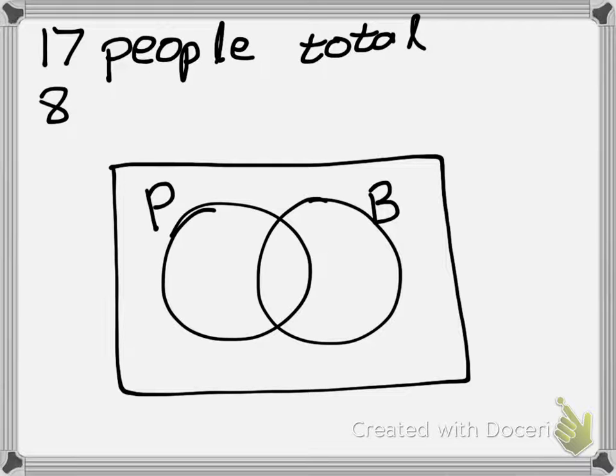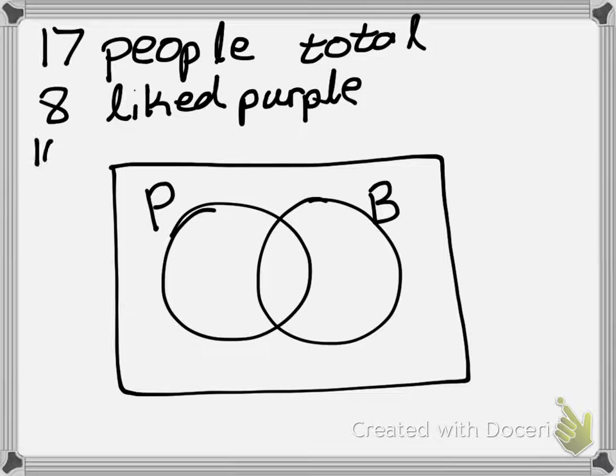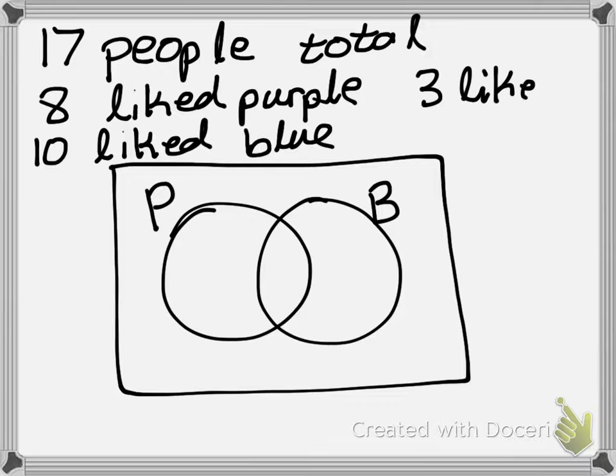Eight liked purple. 10 liked blue. 3 liked both. I want you to complete the Venn diagram and put all the numbers in here with this information. Go ahead and pause the video and see if you can figure it out.